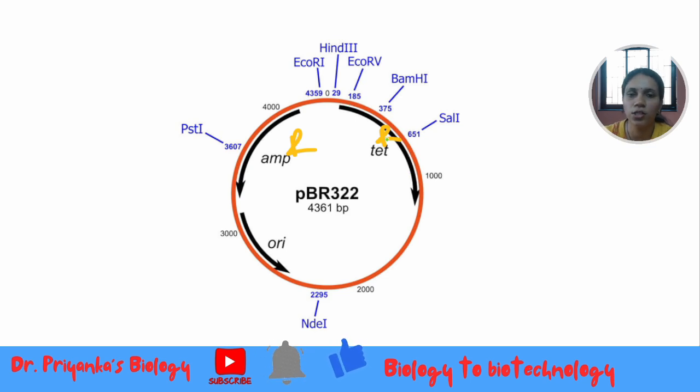Here we have a gene giving ampicillin resistance, and here a gene giving tetracycline resistance. Suppose we choose BamHI as the site where the restriction enzyme is going to make a cut. That means it is going to break the sequence of the gene responsible for tetracycline resistance. So it is no longer functional.